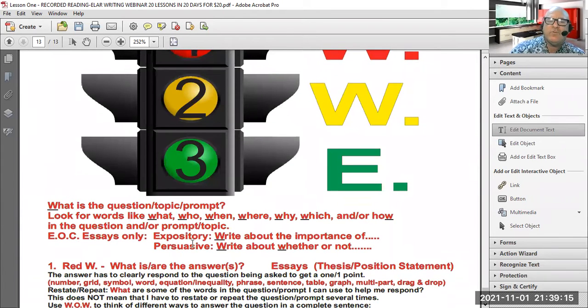All right, so if we think of the red light being what is the question, the topic, or the prompt, in the question, your students are going to be looking for words like what, who, when, where, why, which, or how, or for persuasive, or sometimes for expository prompts, they're going to have the word whether.